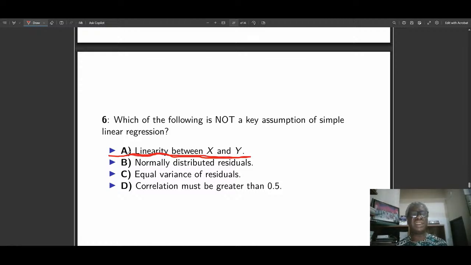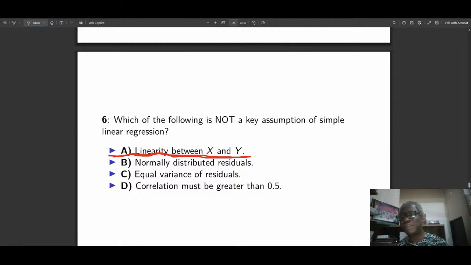It is assumed that the two variables are linearly related. I think I mentioned that. So it's a fundamental assumption. I don't know what your choices are, but the correct answer is A.